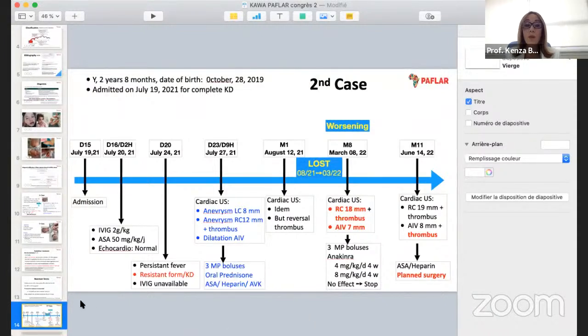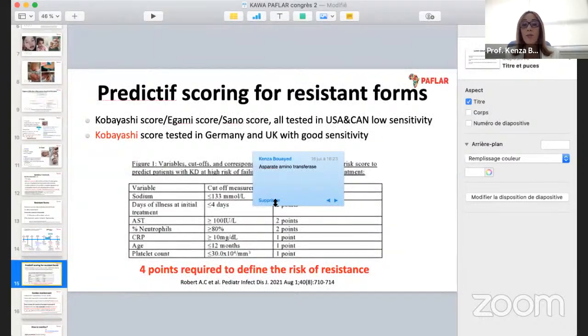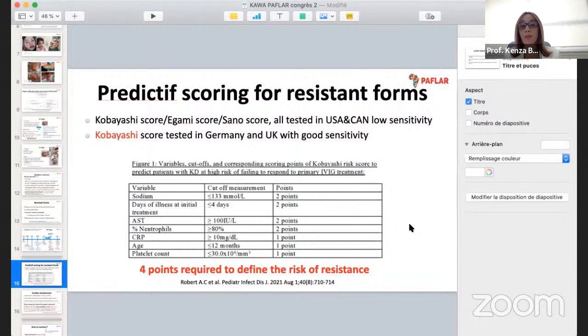Vraiment, c'est une histoire extrêmement malheureuse et c'est pourquoi il est intéressant de travailler avec des scores prédictifs de forme résistante afin de pouvoir initier des traitements très agressifs très précocement et peut-être éviter ce genre d'évolution extrêmement sévère.